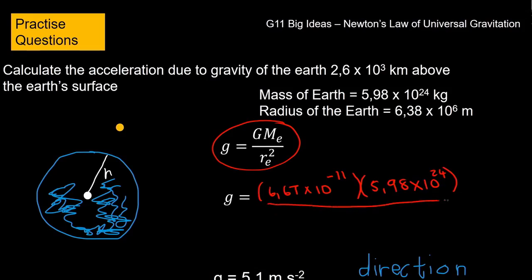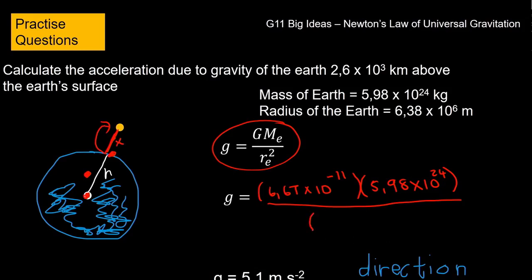Now, we've got to be careful because the radius of Earth is this amount here, but there's an extra bit over there above the Earth's surface. So our radius is only from the surface of the Earth to the center of the Earth. We need to add the extra bit that's above the surface of the Earth.